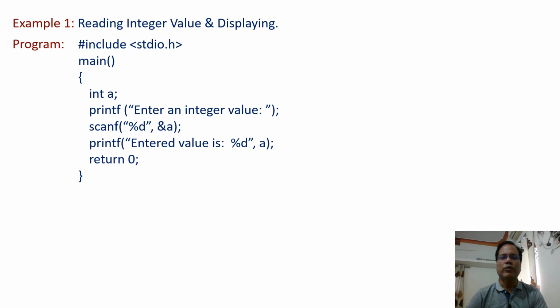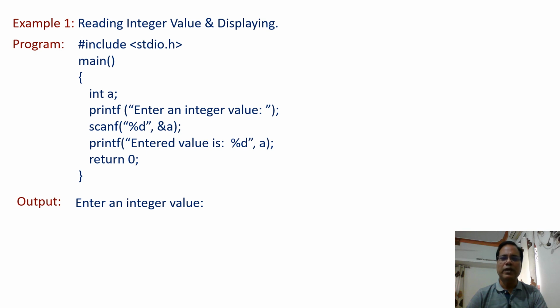So when this program is run, we get output of this nature. First, enter an integer value gets printed and the cursor blinks after the colon. So unless and until we provide the data, we enter the integer data and press the enter key, execution doesn't move forward.